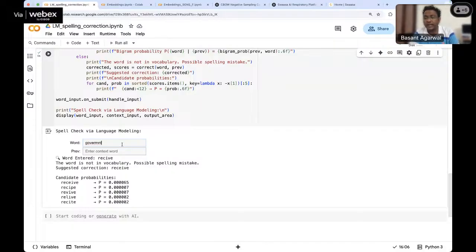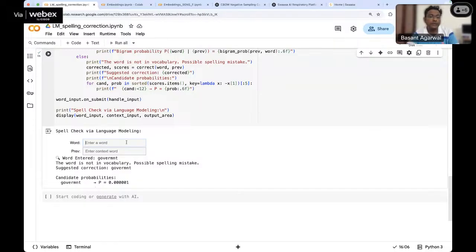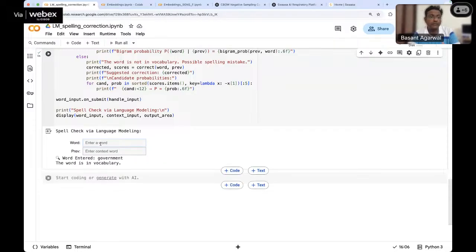Let's try another word, government. Government, it's not present. Maybe the correct word is also not present in the vocabulary. Yeah, so government itself is not there, but okay, let's try another one. Kin is also not present. Okay, sorry, it is in the library.